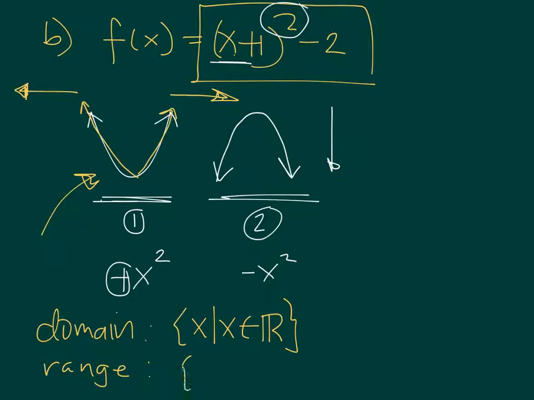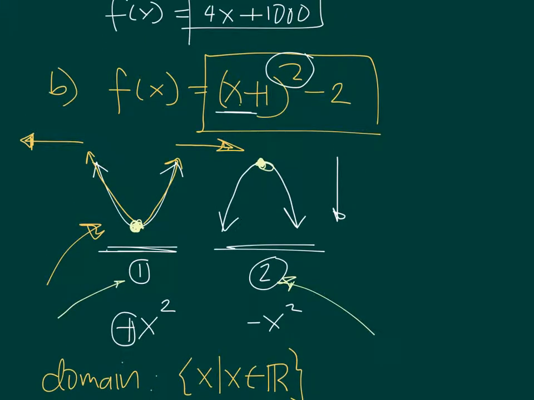again you can base the range on the graph. Case 1, it cannot go lower than this point. Case 2, it cannot go higher than this point. Now, the good thing about a quadratic equation, especially if it is written in this form, is that this number is actually either the lowest or the highest y value.